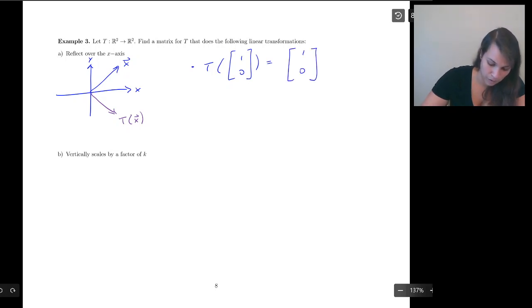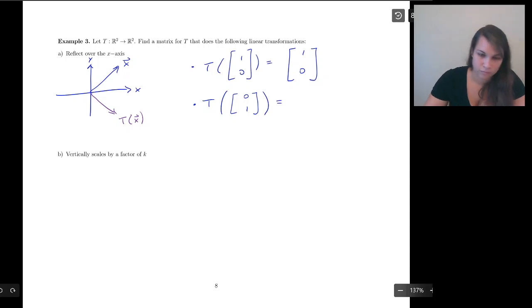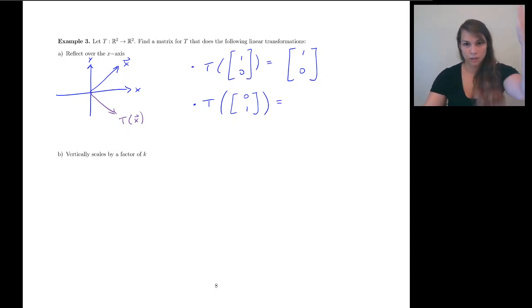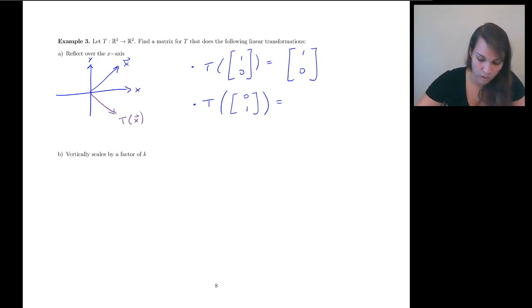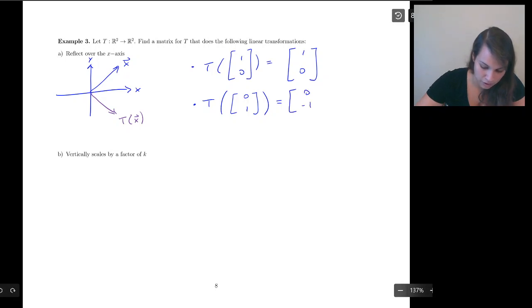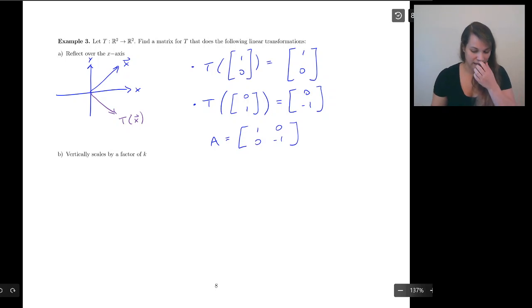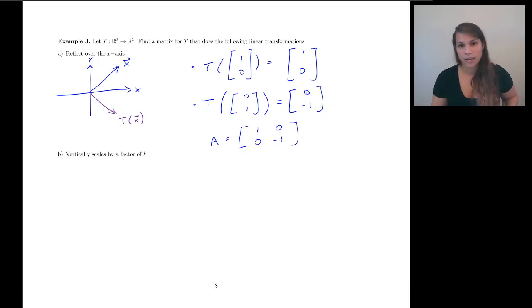What happened to the y component? Well, it became negative. It went from being up to being down, which means it's the exact same value, just negative of what it was before. So we take these together, and you get the matrix 1, 0, 0, negative 1. And that matrix will take any vector in R2 and flip it across the x-axis.